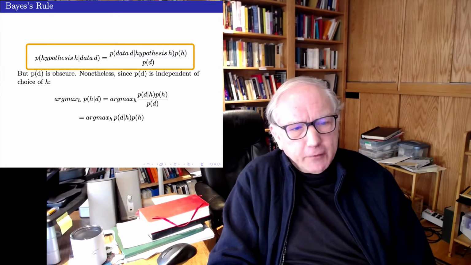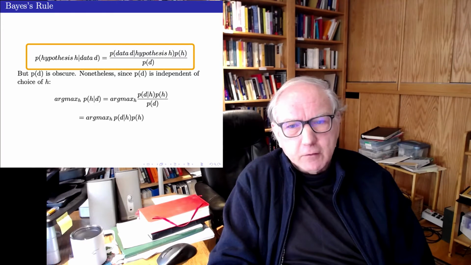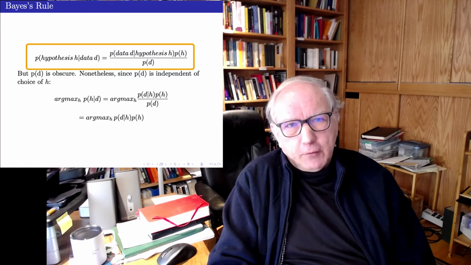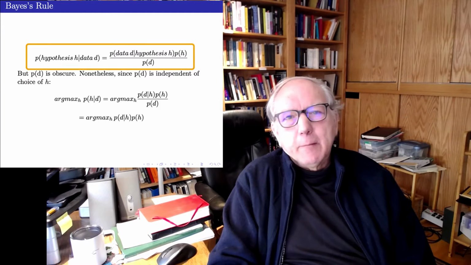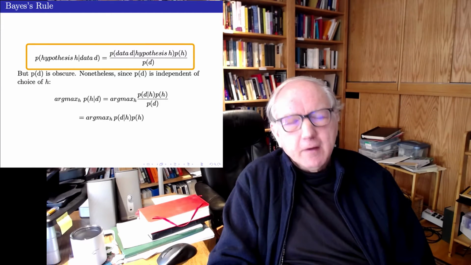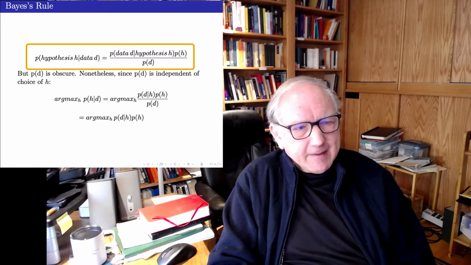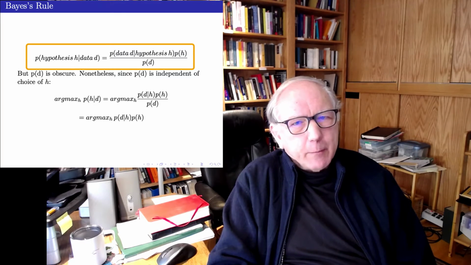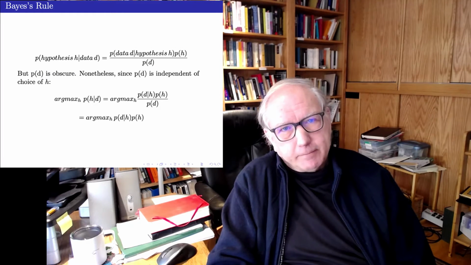Okay, Bayes' rule tells us that's mathematically equivalent to what you see on the right: the probability of the data given the hypothesis times the probability of the hypothesis divided by the probability of the data. Okay, has this helped us? Well, the notion of the probability of the data is obscure.